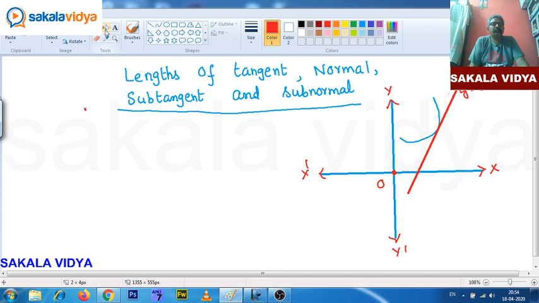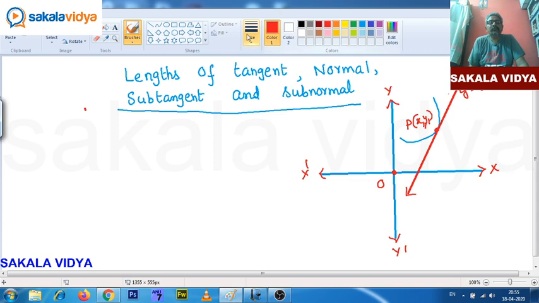Now this is the tangent at this point. Say this point is P, with coordinates x1 comma y1 for example.